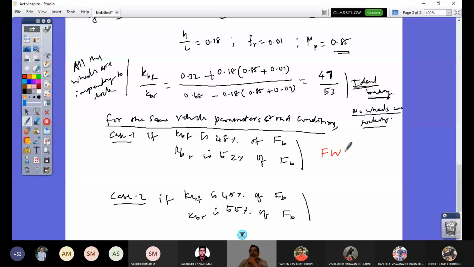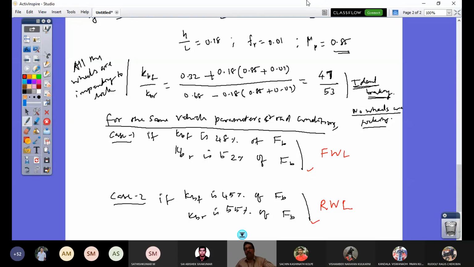Front wheel lock. And here the rear wheels are locking. Rear wheels are locking before the front wheels. So front wheels lock before rear wheels in this case, and in this case, rear wheels lock before front wheels, right? If I apply my brakes fully, all the wheels are locking.